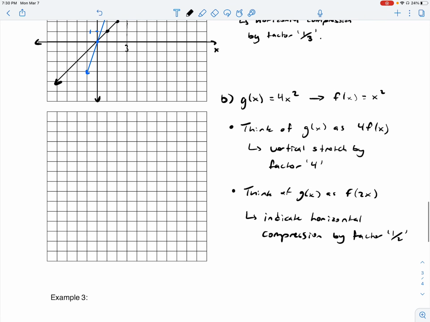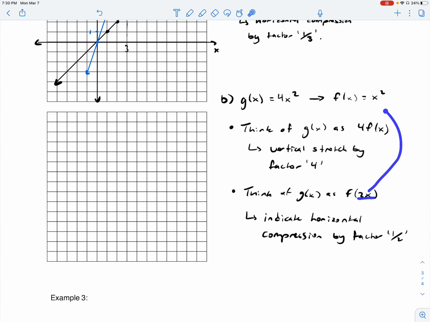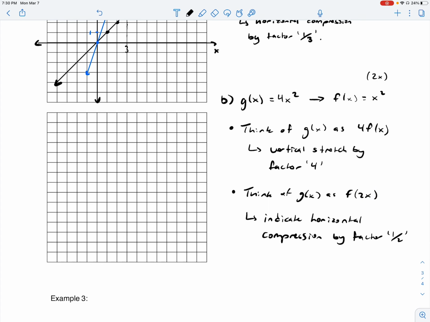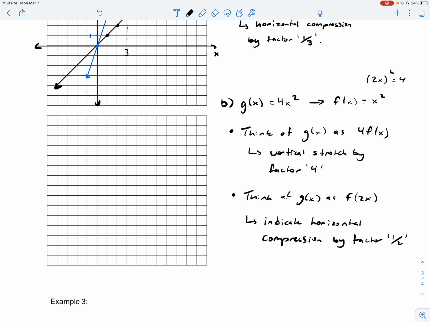Okay, so how does this work? How does this give us this here? Well, remember, if you take 2x and replace x with this 2x inside of here, you're going to have (2x) squared. And for (2x) squared, we have to square the 2, and we can square the x.